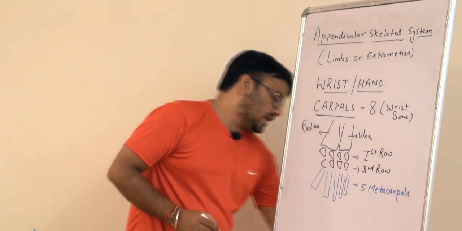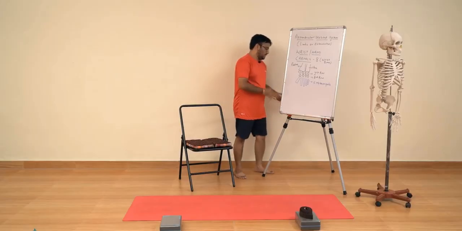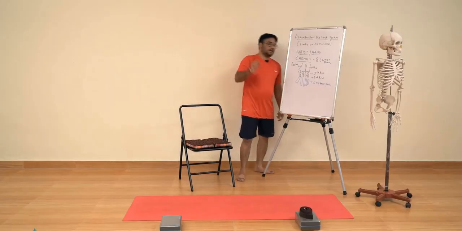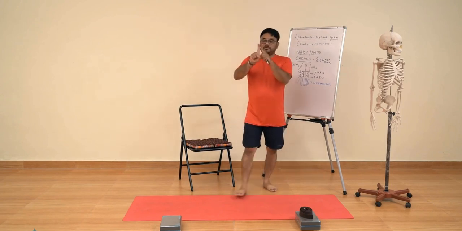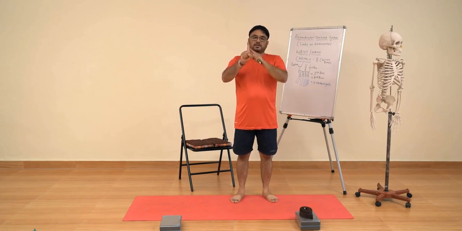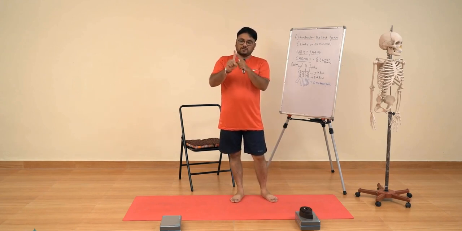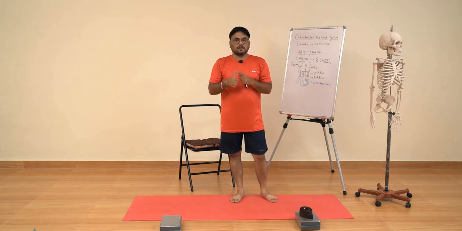If I ask you how many bones are in one finger? If you look here, is there only one bone, or are there different bones in one finger? So we have 3 bones in the finger, right? 1, 2, and 3, and 2 in the thumb.